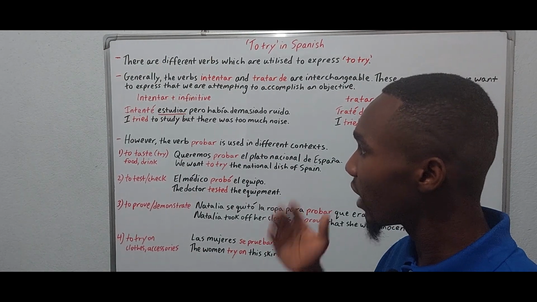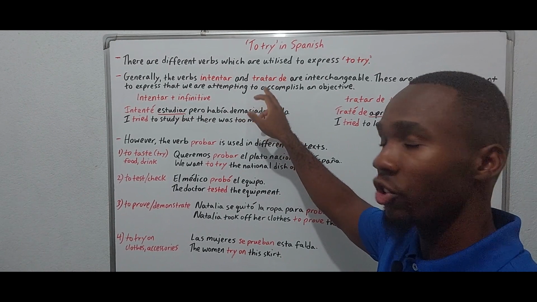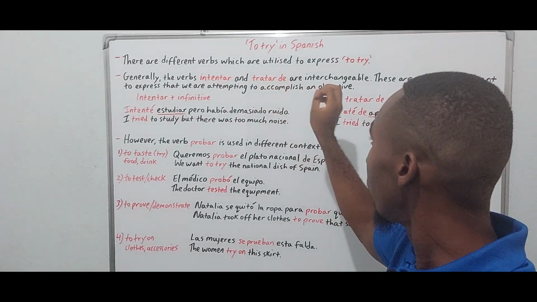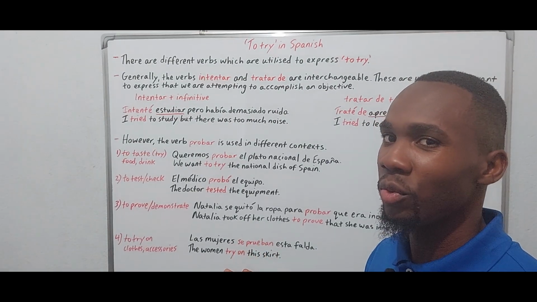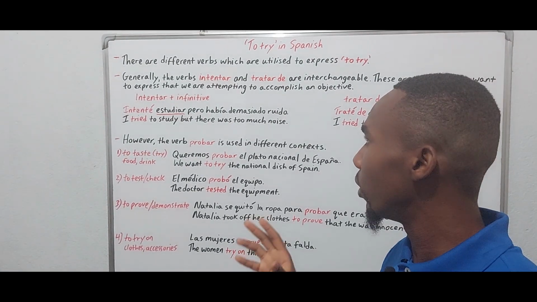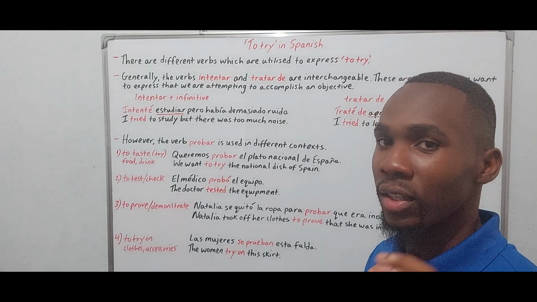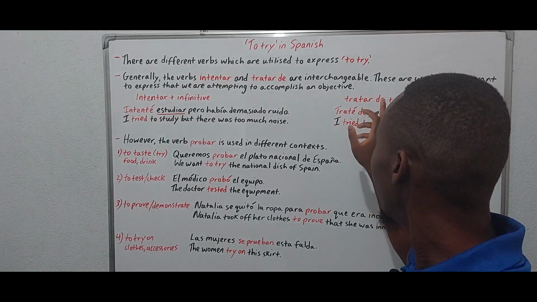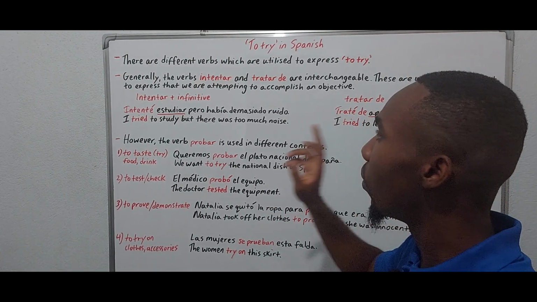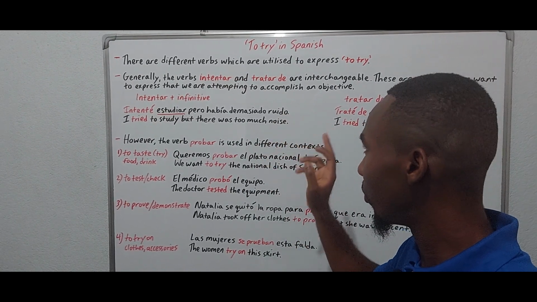Now, generally, the verbs intentar and tratar de are interchangeable, right? I haven't mentioned the context as yet, but that's coming. So, esperen. These are used when we want to express that we are attempting to accomplish an objective.